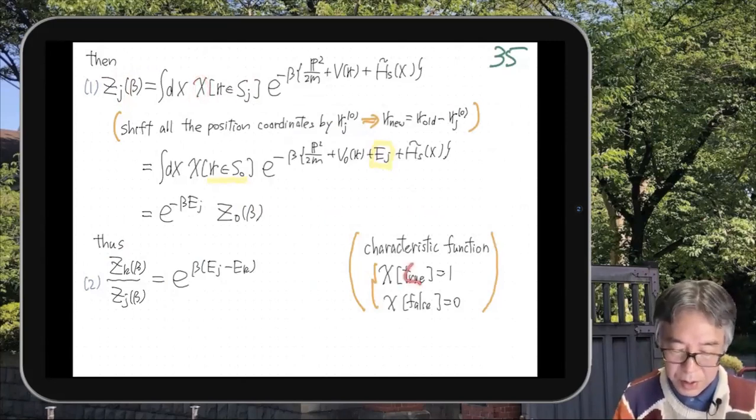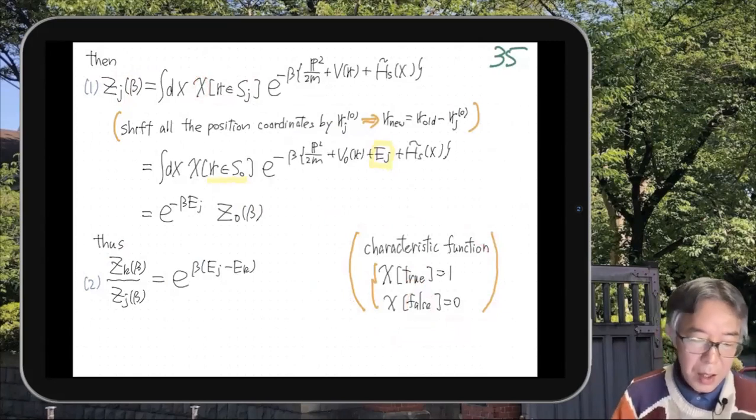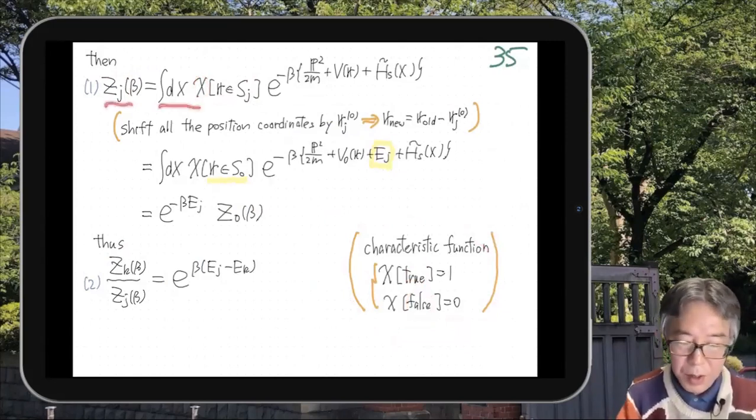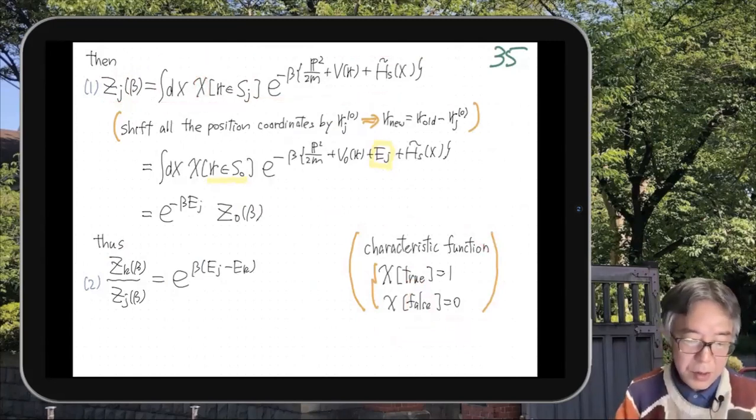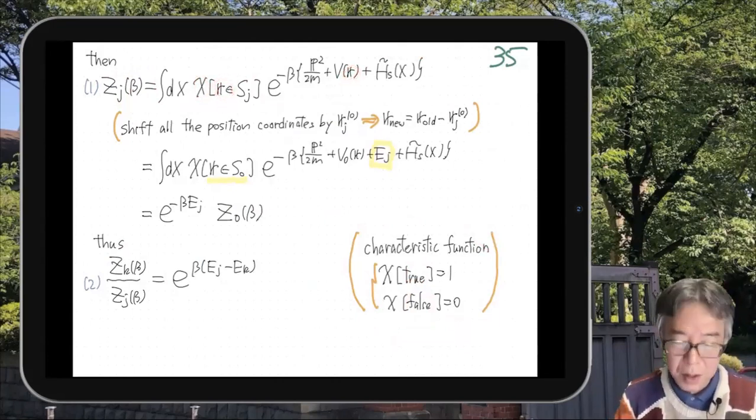When something inside is true, it's 1, and if something inside is false, it's 0. This is just standard notation. By using this, Zj beta can be written precisely like this. Now I make a change of coordinate only for lowercase r, and we use the translation symmetry for this one. As for this one, by making this translation, you can write it like this.